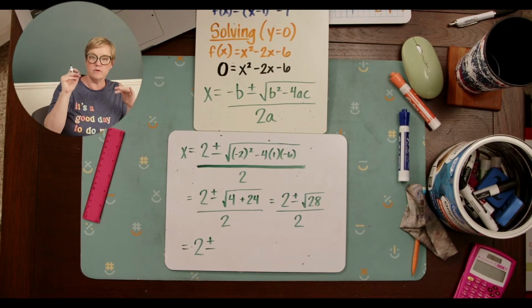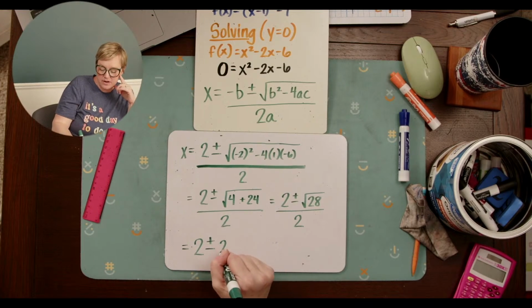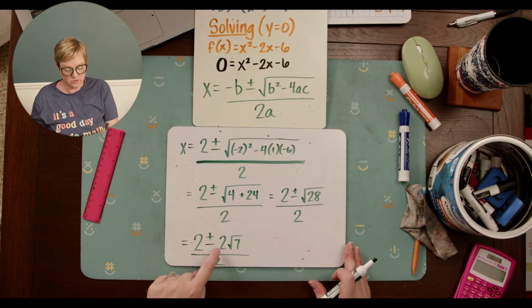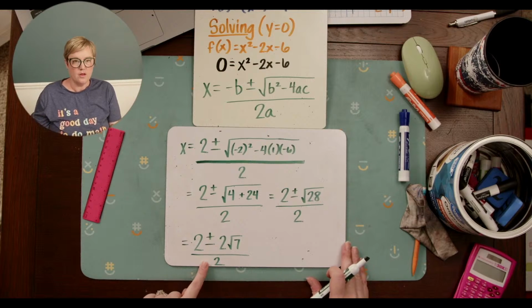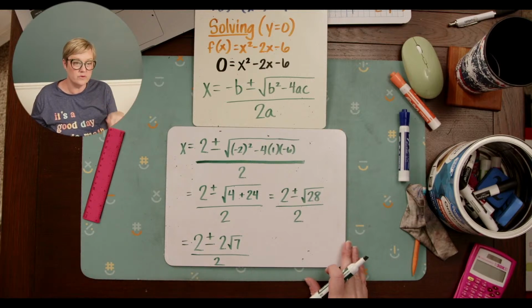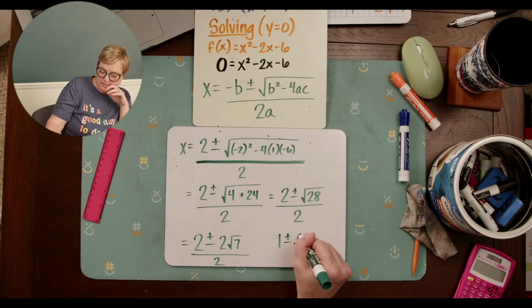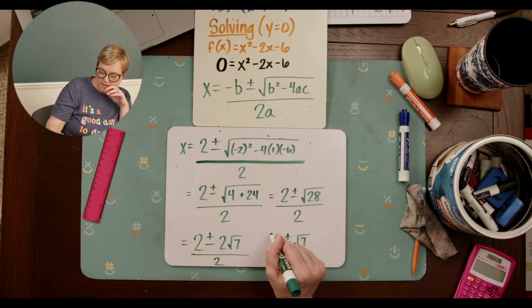So square root of 28 simplifies down to 2 root 7 over 2. I've got 2, 2, and 2. Those all reduce down. And I get 1 plus or minus root 7. And those are my two values.